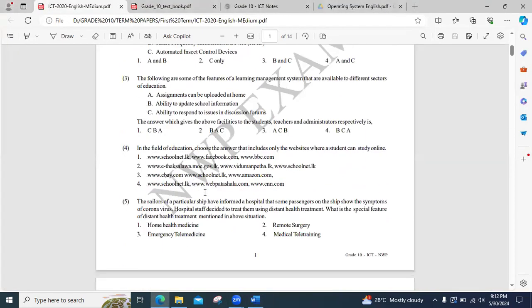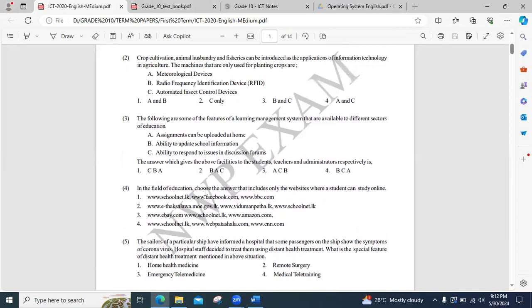So we will move on to the third question. The following are some of the features of a learning management system that are available to different sections of education. A, assignments can be uploaded at home. B, ability to update school information. C, ability to respond to the issues in discussion forums.